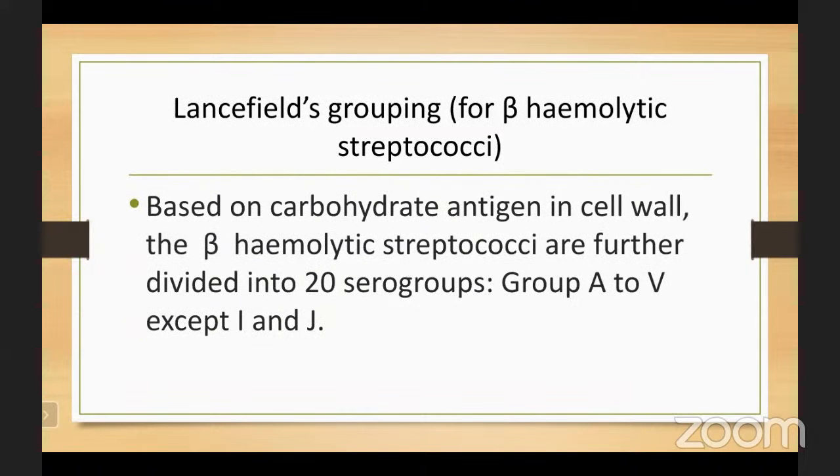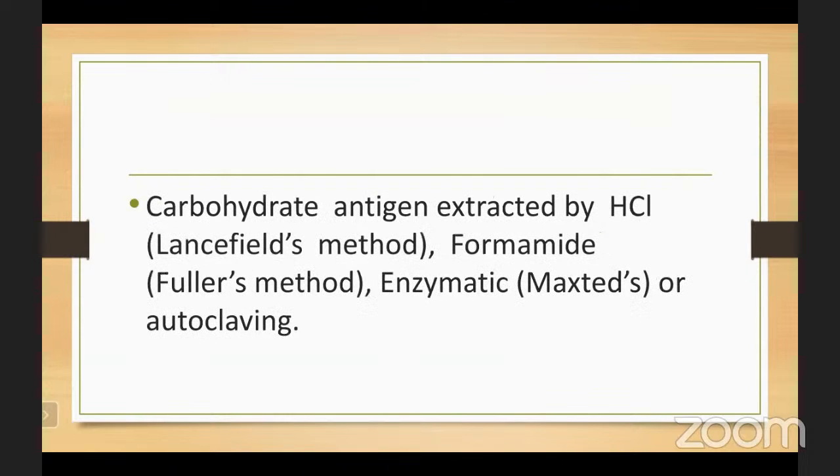Next one is Lancefield's grouping for beta hemolytic streptococci, based on carbohydrate antigen in the cell wall. The beta hemolytic streptococci are divided into 20 serogroups, group A to V except I and J. Carbohydrate antigen is extracted by hydrochloric acid.